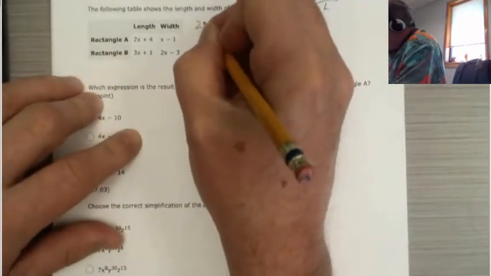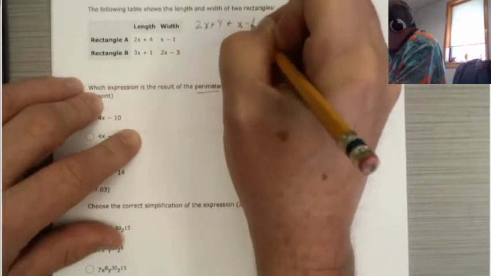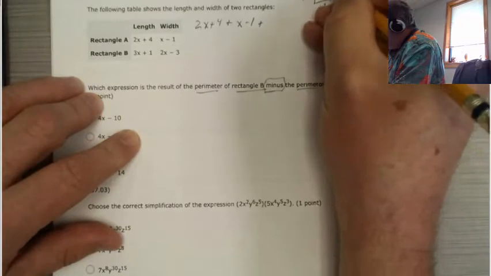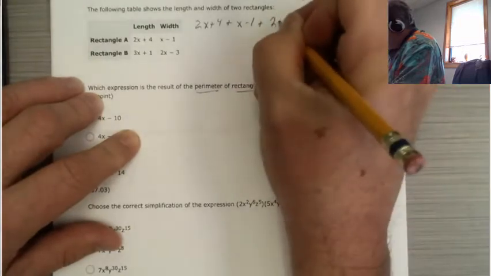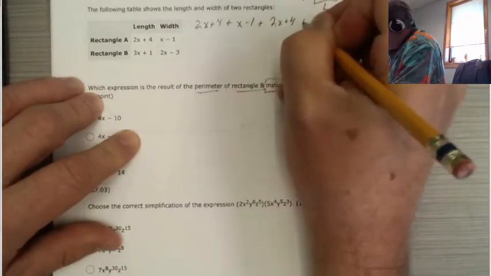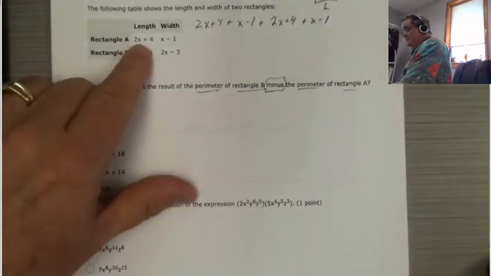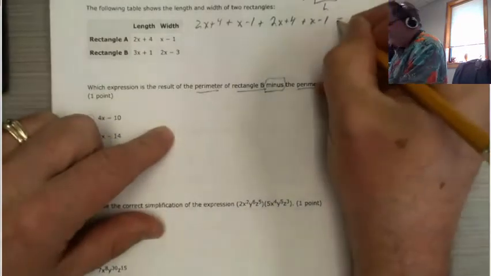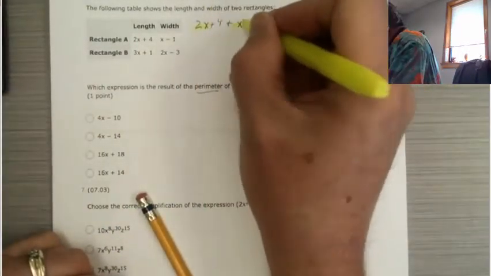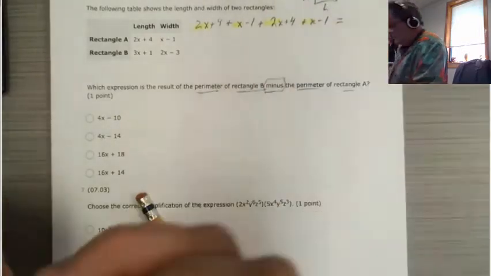So for A, we would have 2x plus 4 plus x minus 1, plus another, we'll keep going around the rectangle, 2x plus 4 plus x minus 1. Two of each. Add all those together. Then we just combine the like terms. 2x, x, 2x, x.